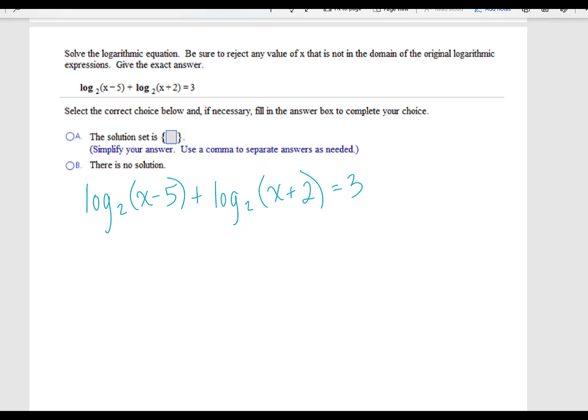Since there's addition between these 2 logs with the same base, I'm going to condense it down to 1 log, and then multiplication between the values that we were taking the logs of. So FOILing shows back up, right? It doesn't go away.